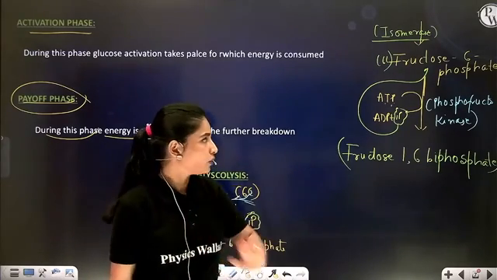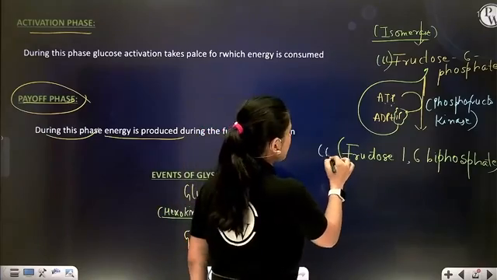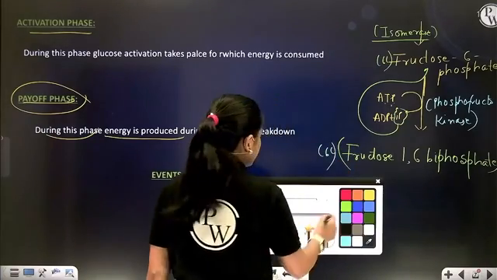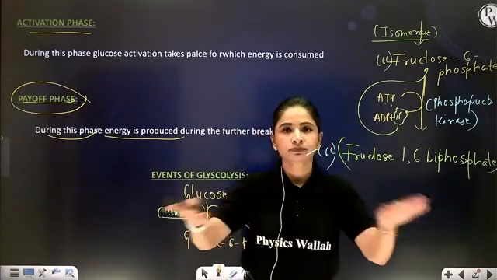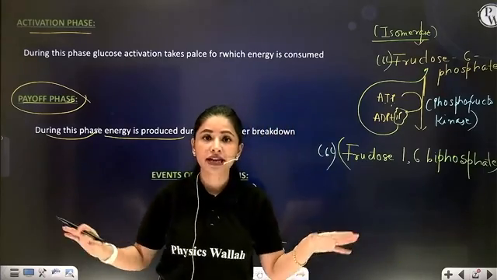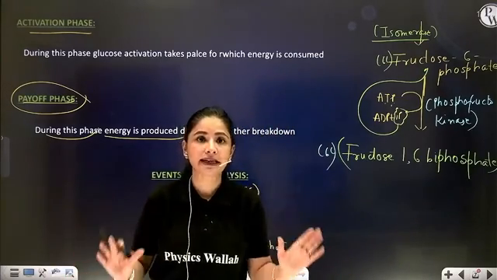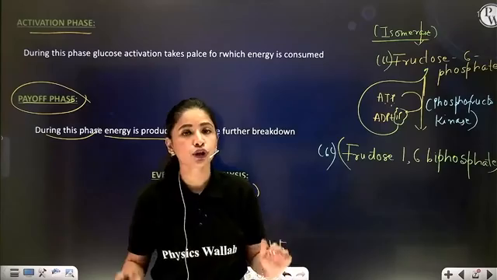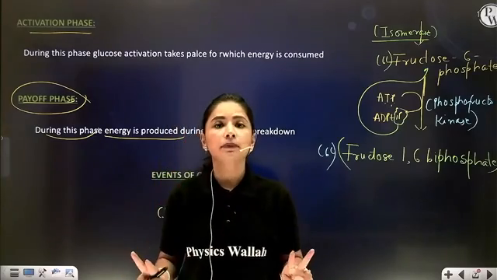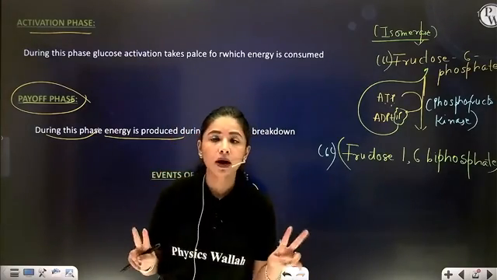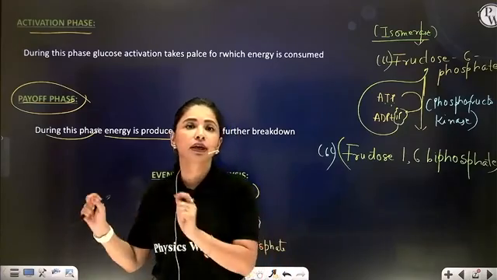Clear? Now this 6-carbon compound, my dear students, will undergo splitting. So the next step in glycolysis is splitting of this 6-carbon compound to produce 2 compounds, each having 3 carbon.